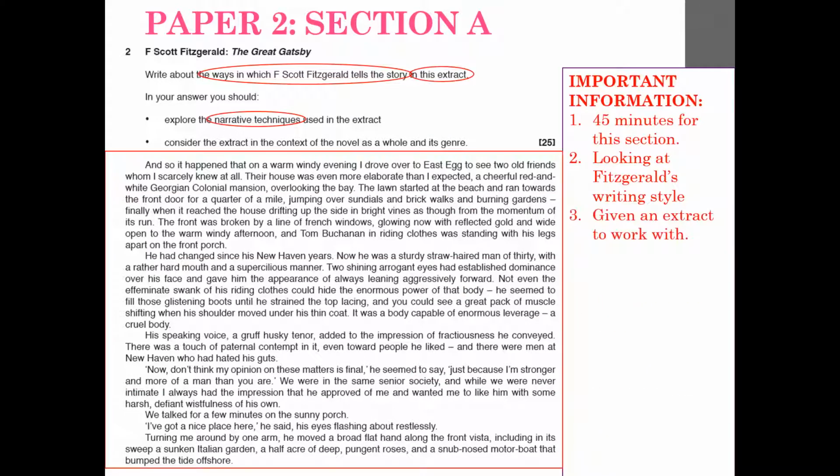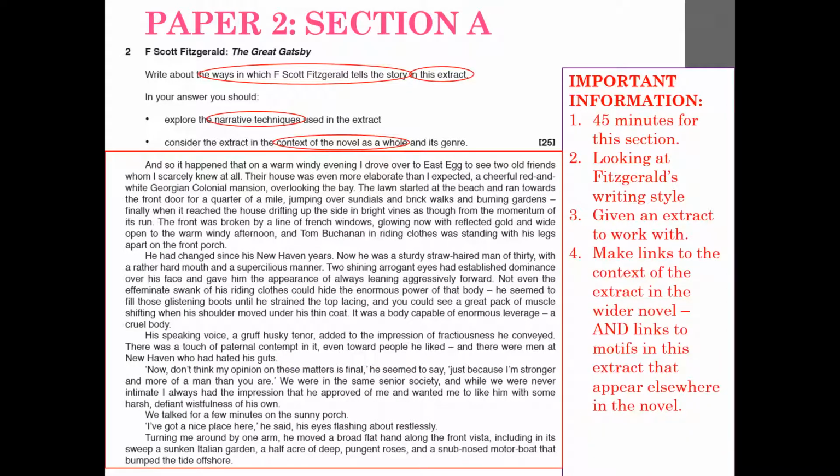You're given an extract to base your analysis on, but you need to be able to make links with the context of the extract within the wider novel, so where this extract fits in the storytelling, and also make links to motifs or themes that appear in this extract that might appear in other places as well. And finally, you need to make links as you're going through to the wider historical and literary context, so how it fits into a broader bit of analysis.